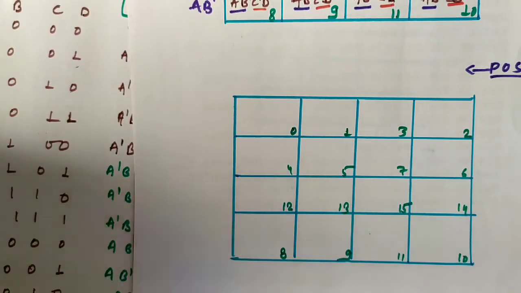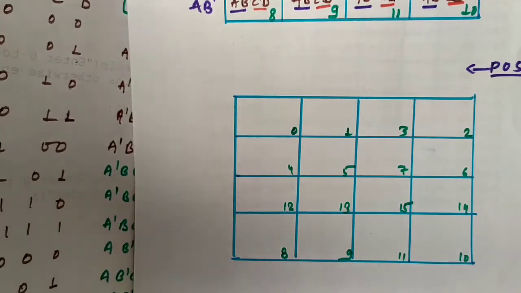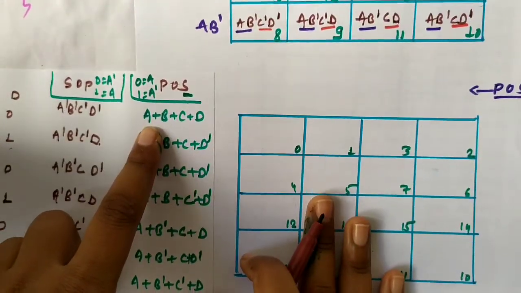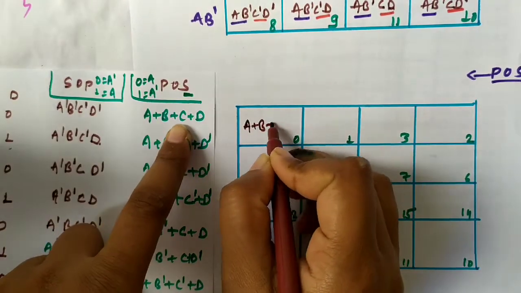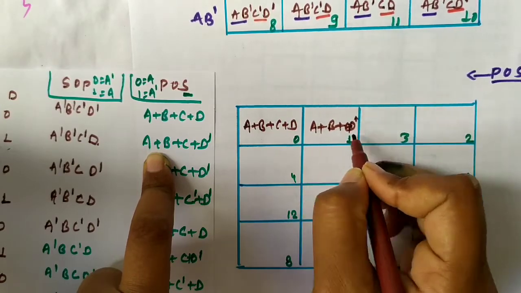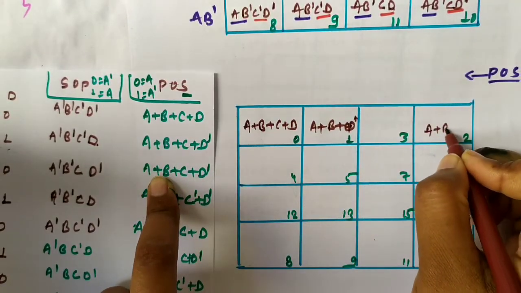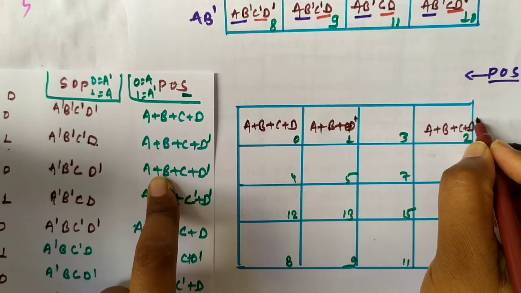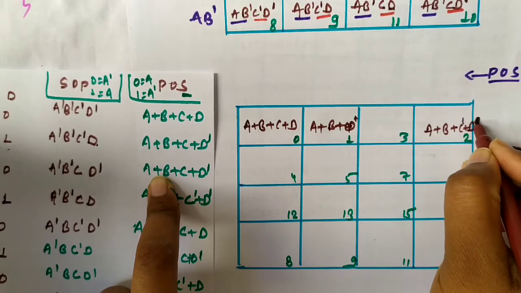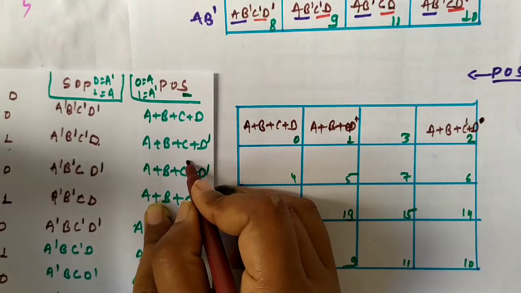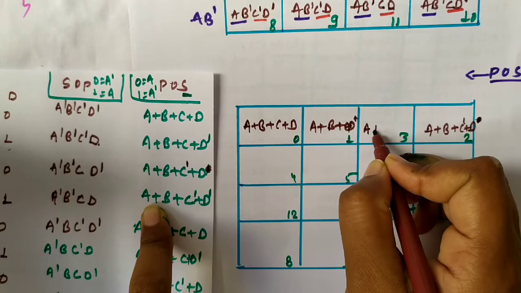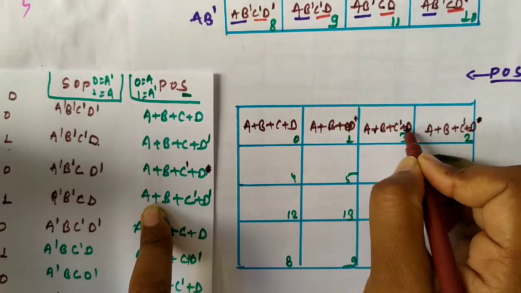So let's again write the value of POS. The value of 0 is A plus B plus C plus D. Value of 1 is A plus B plus C plus D dash. Value of 2 is A plus B plus C dash plus D. Sorry, there is some mistake, C dash D. Then 3 is A plus B plus C dash plus D dash.